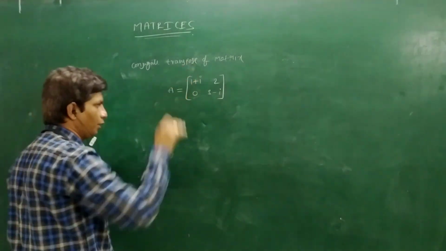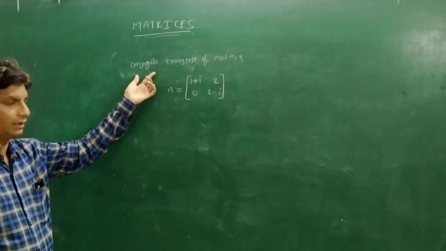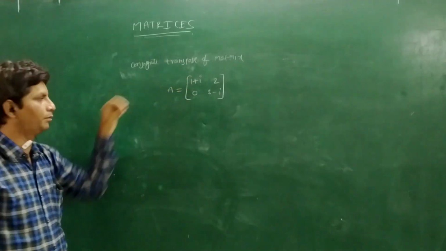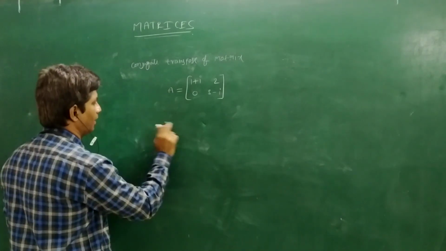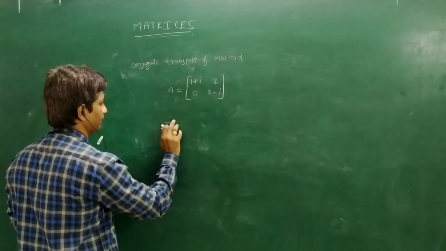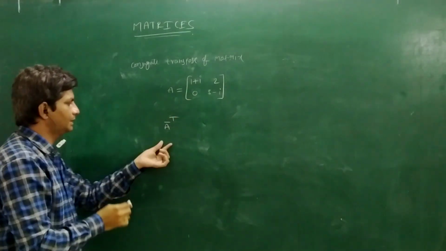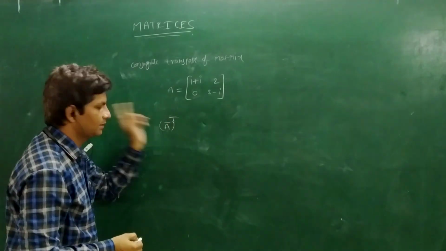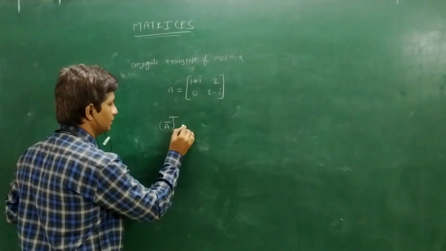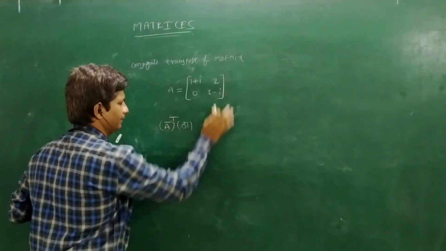Next, we already know how to find the transpose of a matrix. First of all, we will find the conjugate, and further we will find the transpose. So it is given by A bar, where bar means conjugate and T means transpose: A bar whole transpose. This is called the conjugate transpose of a matrix. It is also denoted by A power theta.